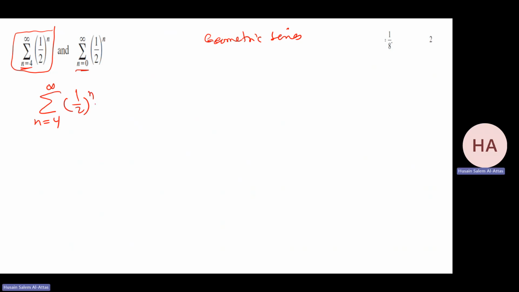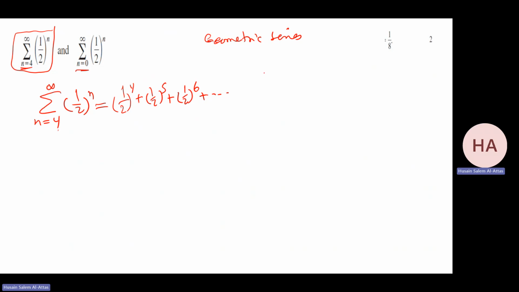So this is what? If you open it, it will be half to the power 4, which is 1 over 16, plus, let me write it as half to the power 4 better. Half to the power 4. Then I have half to the power 5, half to the power 6, plus blah, blah, blah.